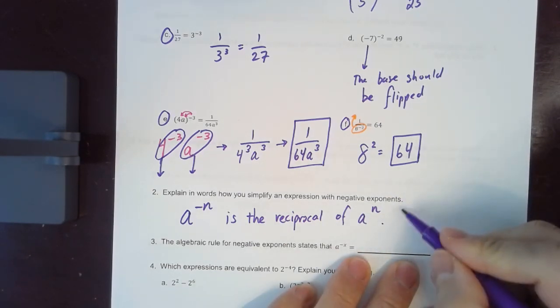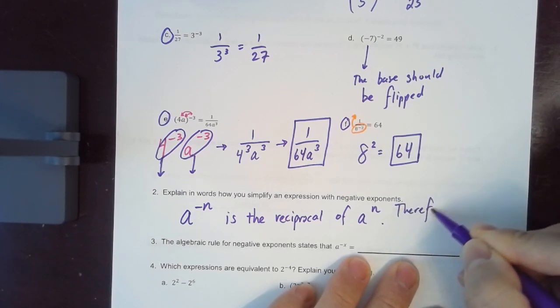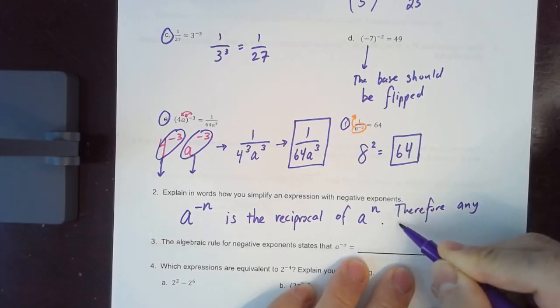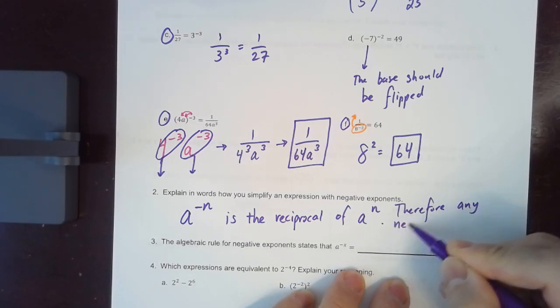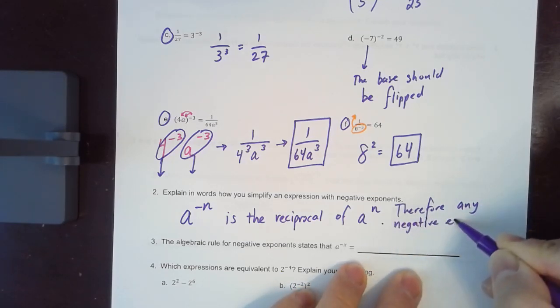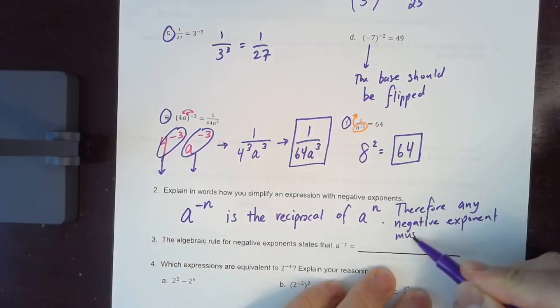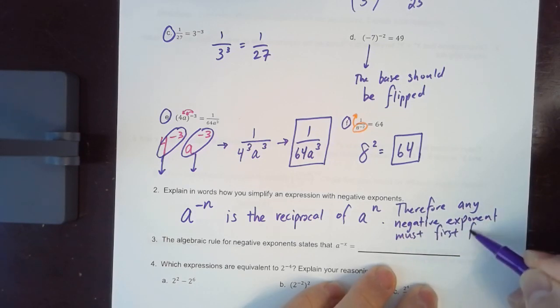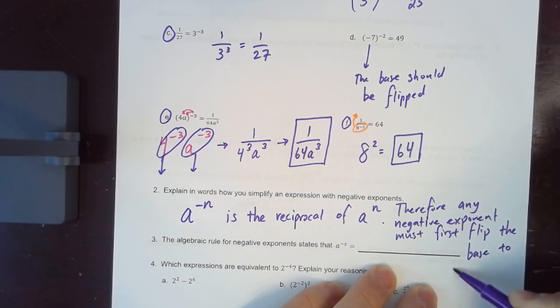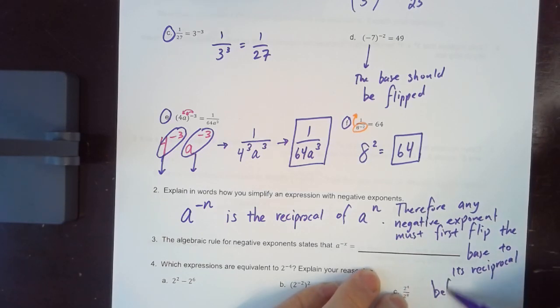Basically, therefore, any negative exponent must first flip the base to its reciprocal before becoming positive, right?